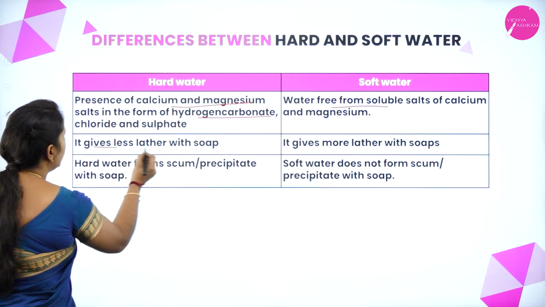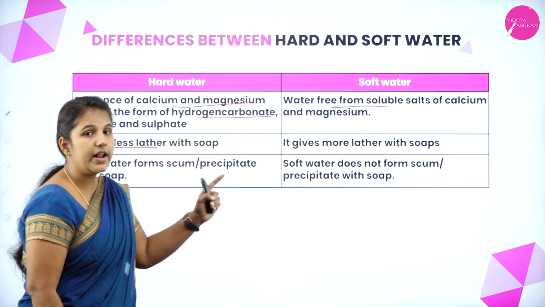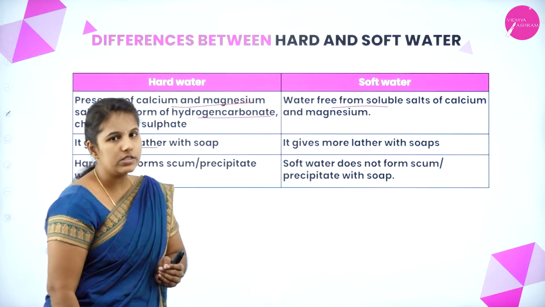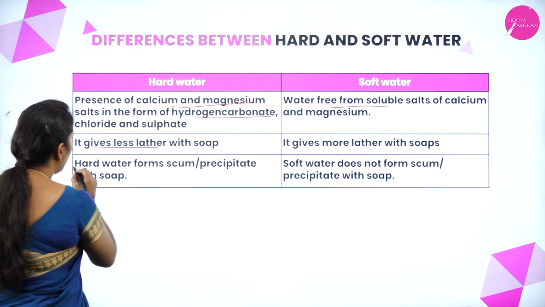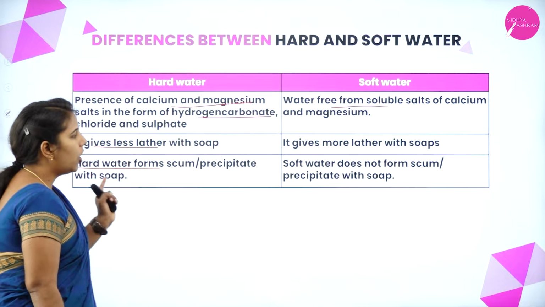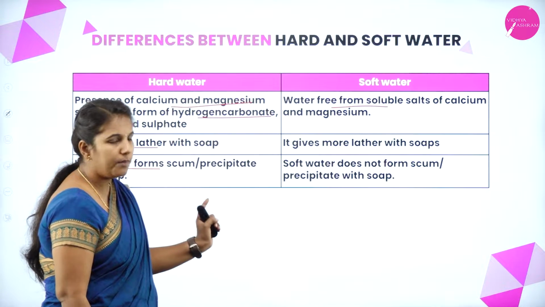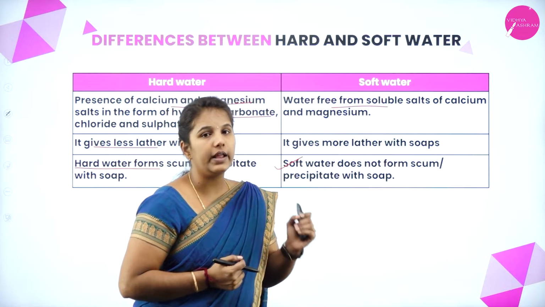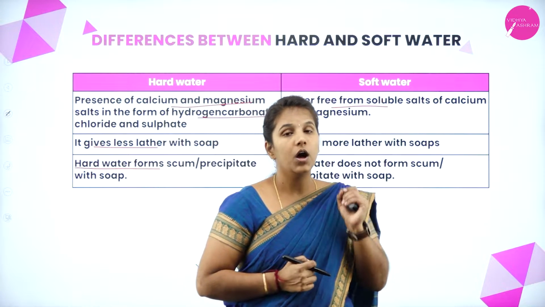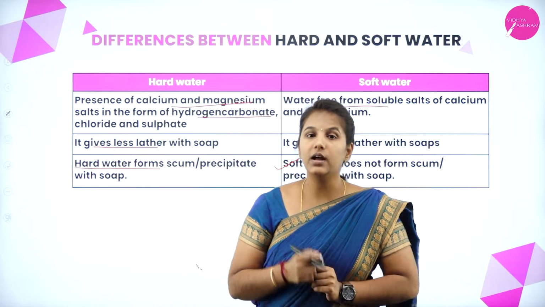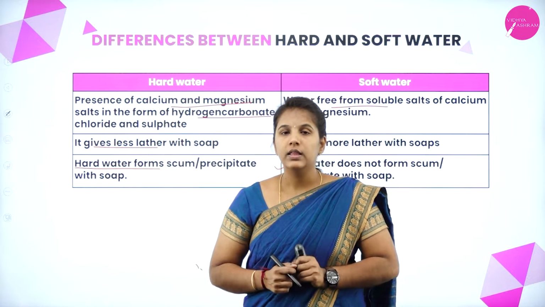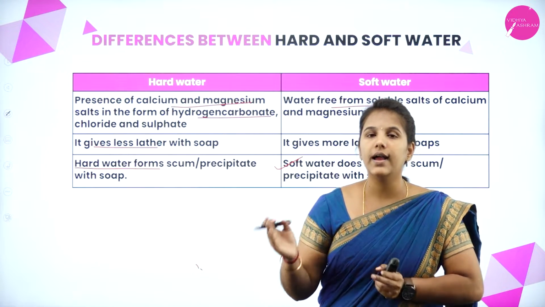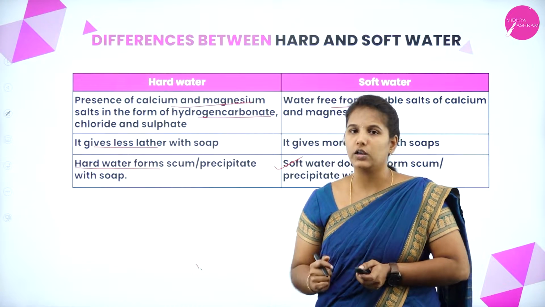Hard water does not give a lather with the soap, whereas soft water always gives lather to the soap. And hard water forms a scum or precipitate with the soap molecule, whereas soft water does not involve formation of scum or a precipitate with the soap molecule. This is how we can easily differentiate hard water from soft water.